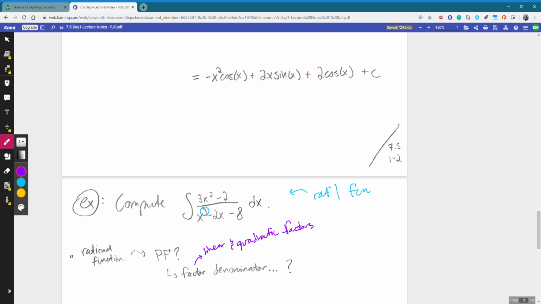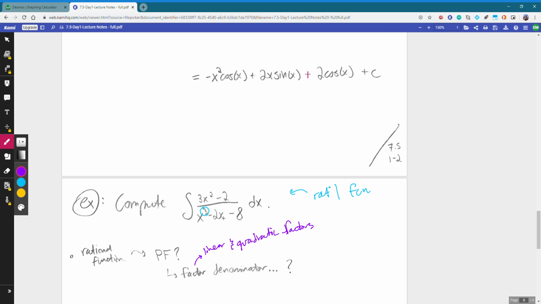And so if we're trying to think that way, then to factor this, we're really looking for a root of our cubic polynomial here, x cubed minus 2x minus 8.